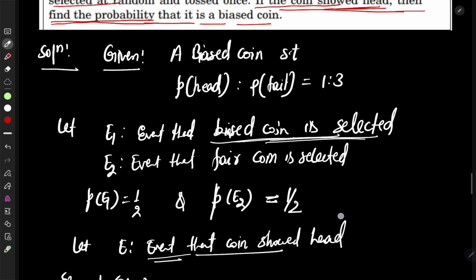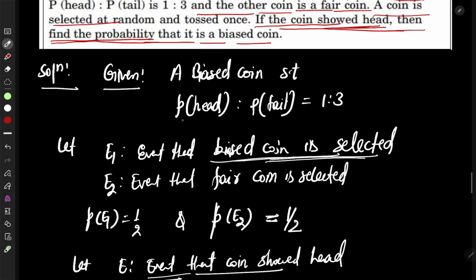So if the biased coin you have taken, then it is saying the ratio of probability of head to probability of tail is 1/3. It means if you are tossing a total of 4 times, then 1 time head will come and 3 times tail will come.